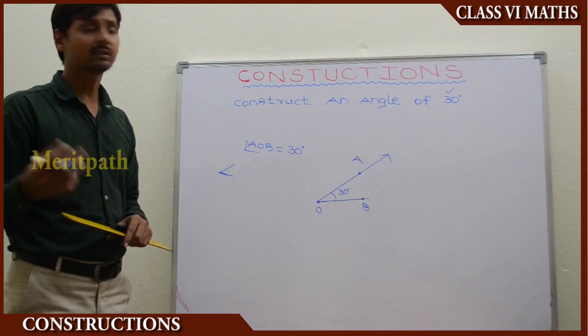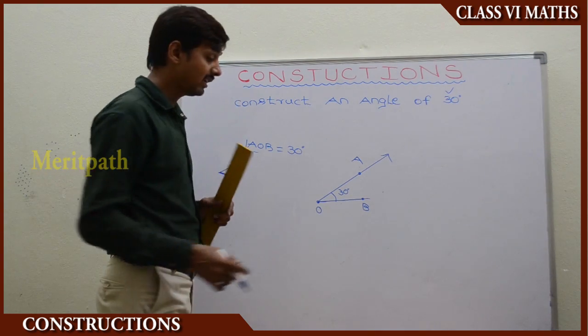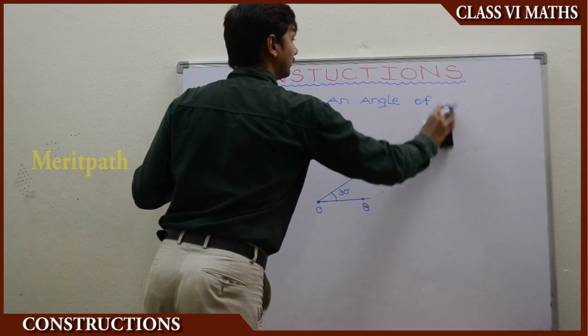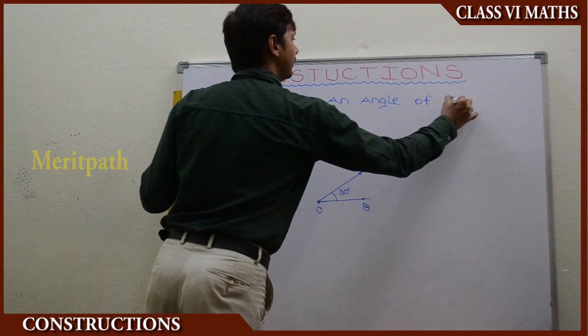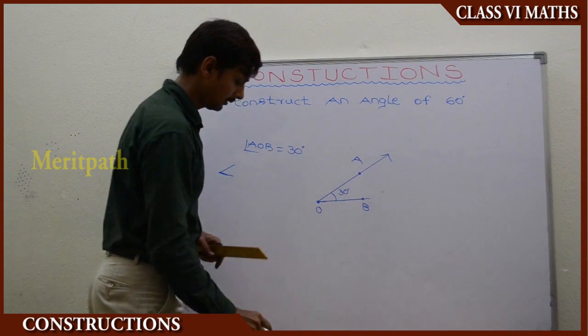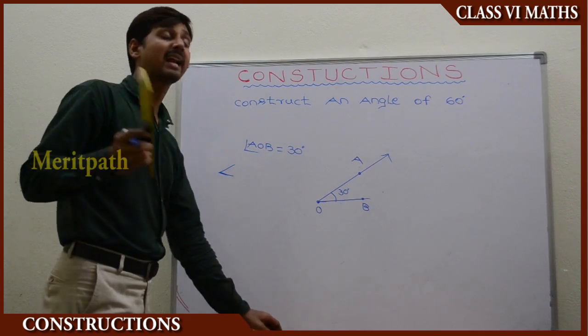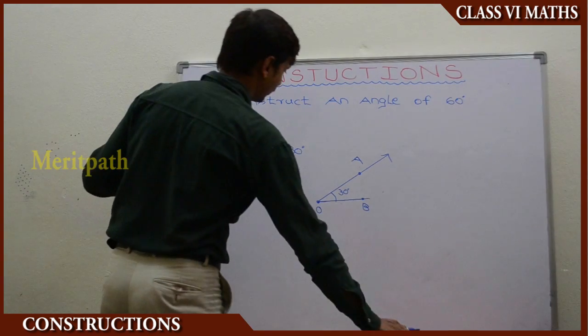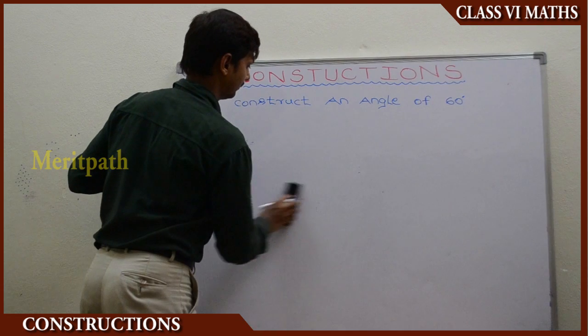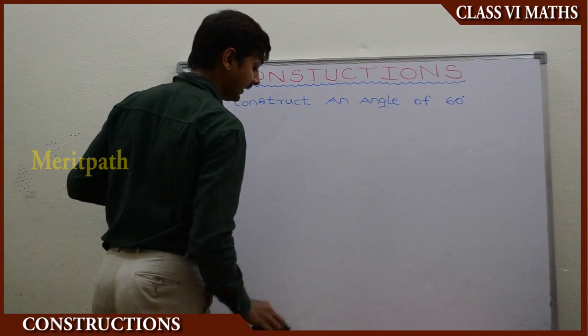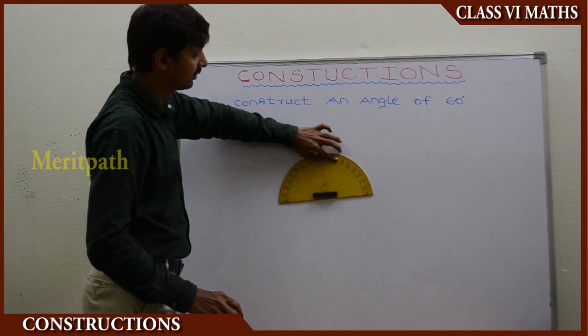That is, we drew 30 degrees, now let's draw 60 degrees. Now on the different side of the protractor we'll draw. Let's take this protractor and keep it here.